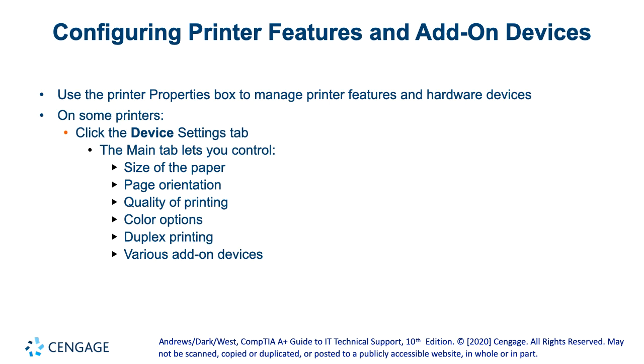So we've got printer features and add-ons. On the properties box, you're managing printer features and hardware devices. On some printers, you have a device settings tab, and you can dictate the size of paper, page orientation, quality of printing, color options, duplexing, and other add-ons.